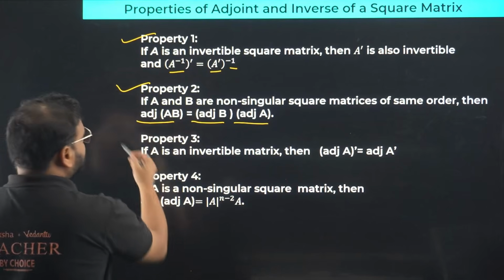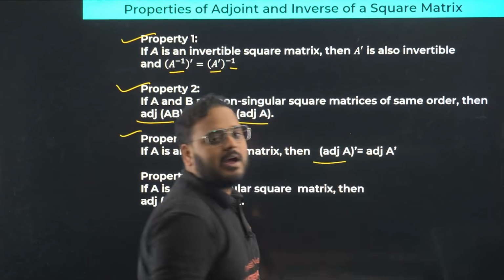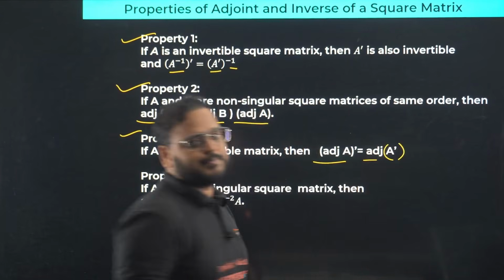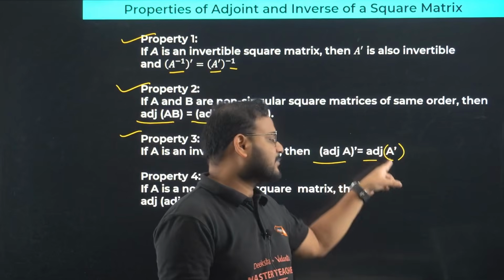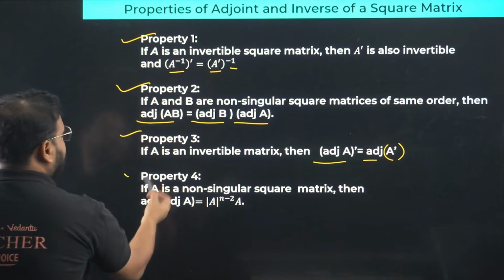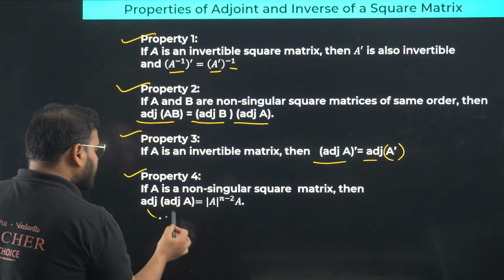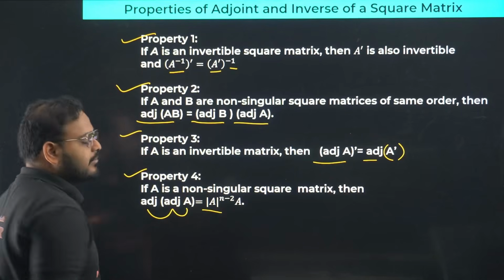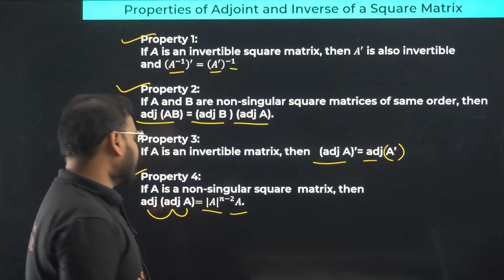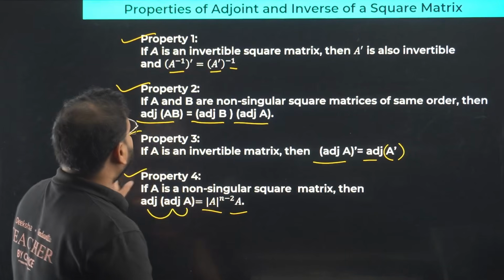Property number 3: if A is an invertible matrix, then adjoint of A transpose is simply adjoint of transpose of A. Got it? This is the difference. Property number 4: if A is a non-singular square matrix, then adjoint of adjoint A becomes determinant of A power n minus 2 times A. So let's move on.